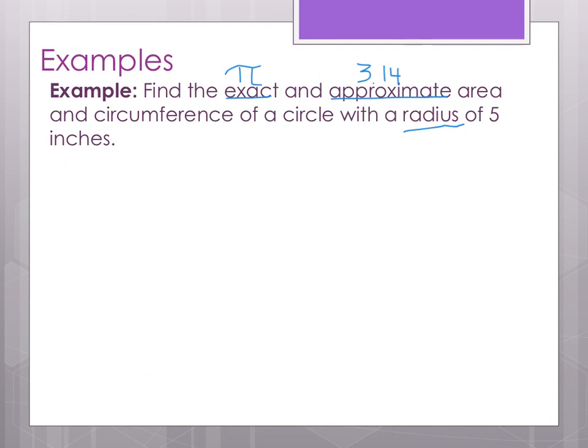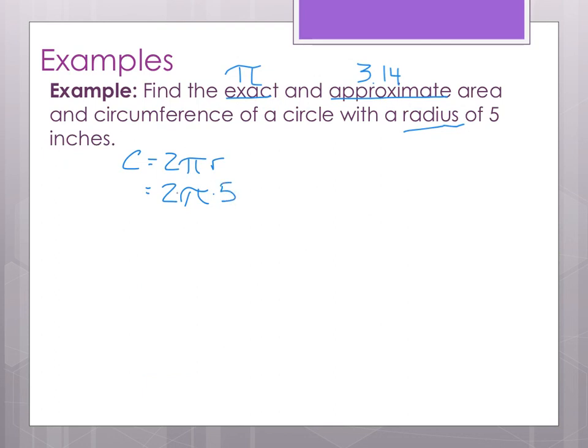Now we'll calculate the circumference, both exact and approximate answers for this. We're going to use that first formula, circumference equals 2 times pi times r, because we're given the radius here. We'll start by plugging in our radius. That's going to be 2 times pi times 5.